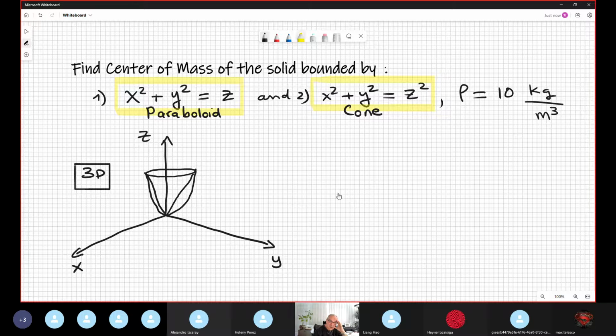So the solid is, for example, let me try, like above the paraboloid and below the cone. It looks like one cup, but this cup is weird because the interior face is conic, but the exterior face is paraboloid.